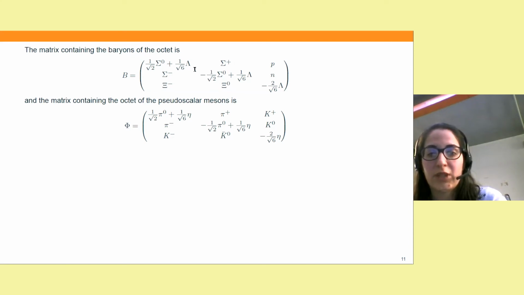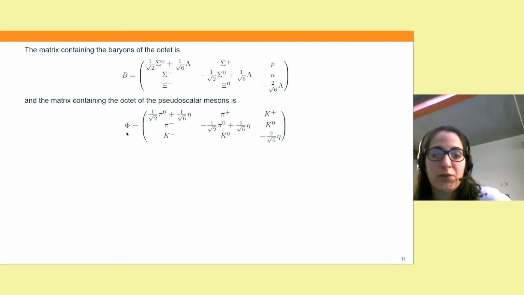On the diagonal, there are the sigma 0 and the lambda, the non-charged baryons, and then in the off-diagonals, we have the rest of the baryons of the octet: the sigma plus, the proton and the neutron, the sigma minus, and the cascades.